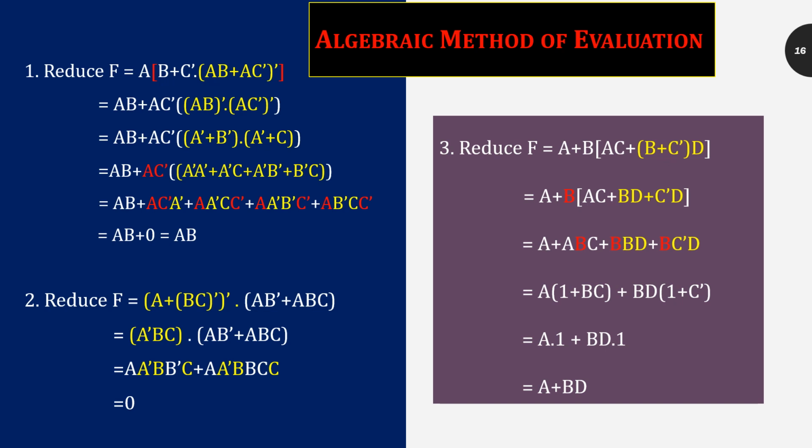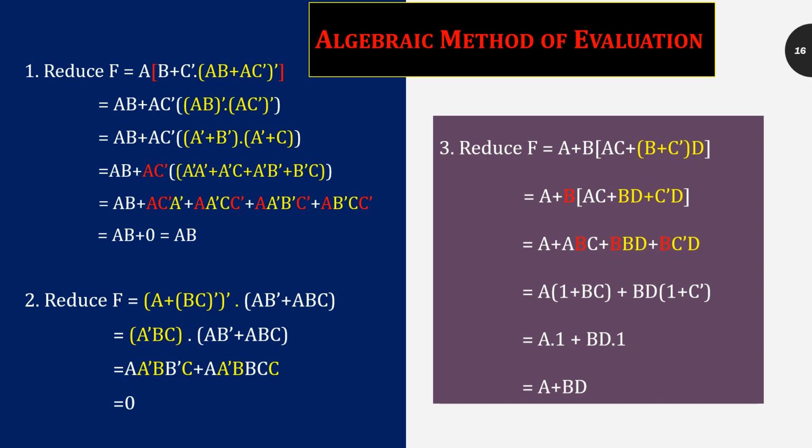Reduce f equal to (A plus BC) the whole bar into (AB bar plus ABC). First we apply De Morgan's law to the terms shown in yellow. After applying De Morgan's law, we get A bar into (BC) the whole bar, right? So that will be BC.